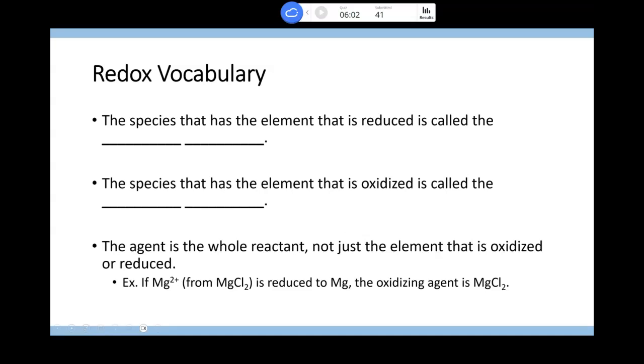A species would be, if you have a compound, one of the elements in the compound gets reduced, and that whole compound is the oxidizing agent. That's what the species is. So the species that has an element that is reduced is called the oxidizing agent.